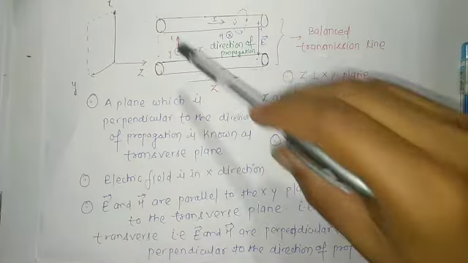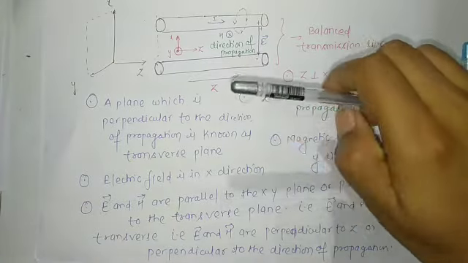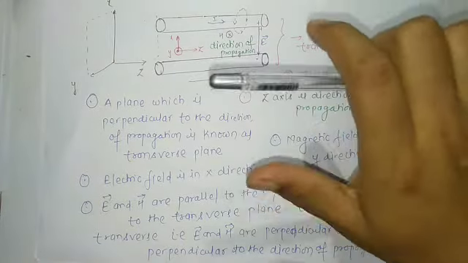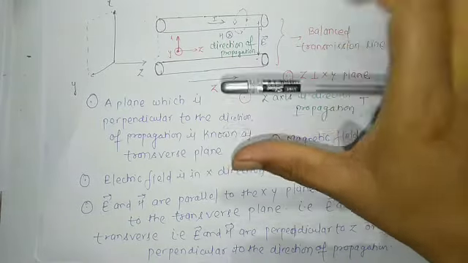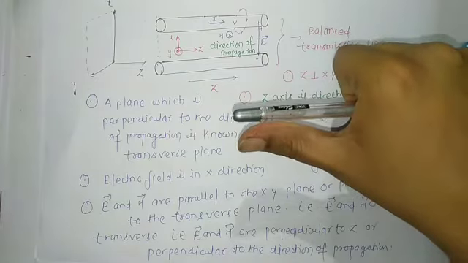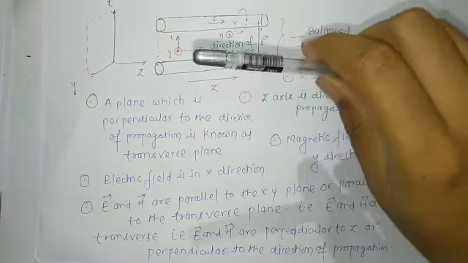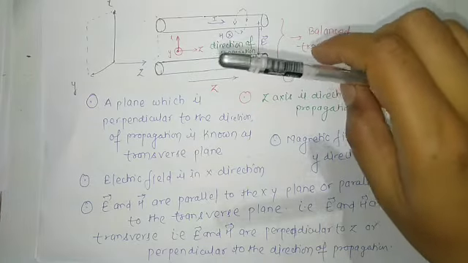And remember that, suppose this is the conductor and there is a current flowing in this direction. If I wrap my fingers like that, then this wrapping is nothing but the direction of the magnetic field. It means the magnetic field is always in the form of a closed loop.